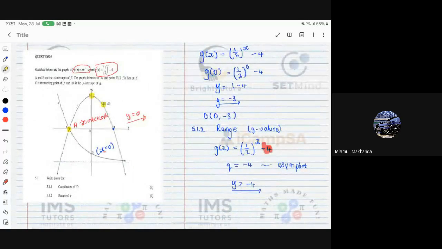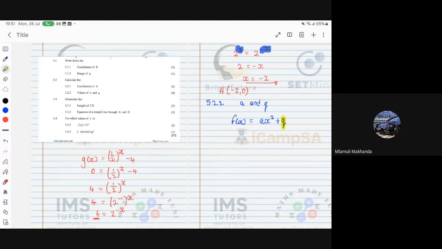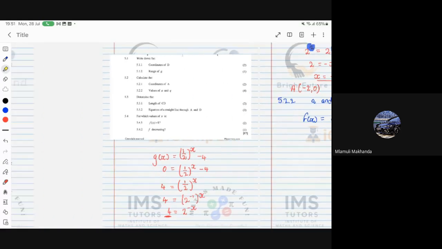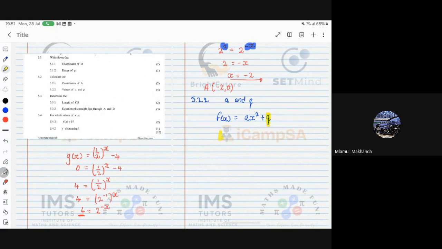I feel like we're going to have to use some simultaneous equations here, so it's also good to be good at that. f of x is equal to ax squared plus q. We can start with the coordinate that we do have right now, the first coordinate, which is (1; 3).